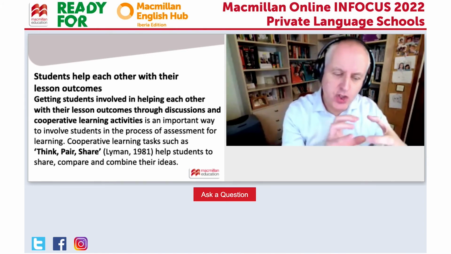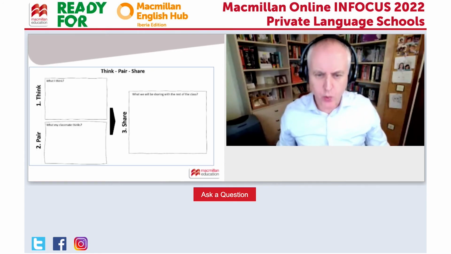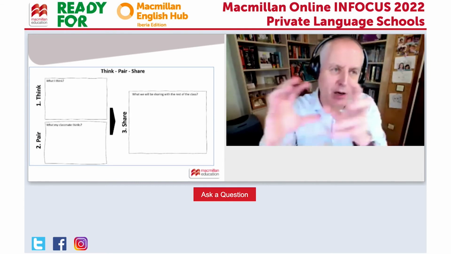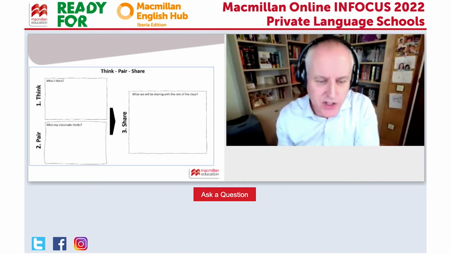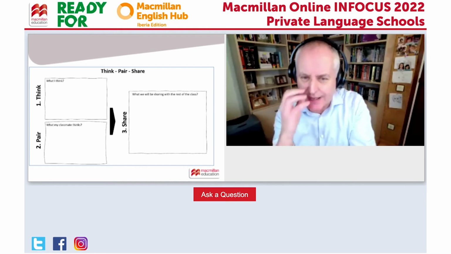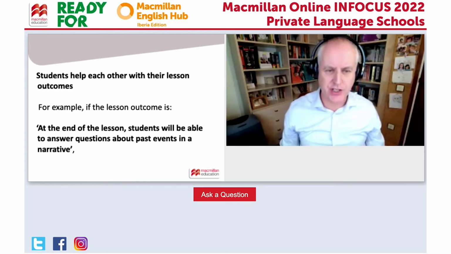And this helps students to share, compare, and combine their ideas. So we have an example here, a template. What I think about the lesson outcomes, what my classmates think, and what we will be sharing with the rest of the class. We'll look at a concrete example which will make it easier to understand.